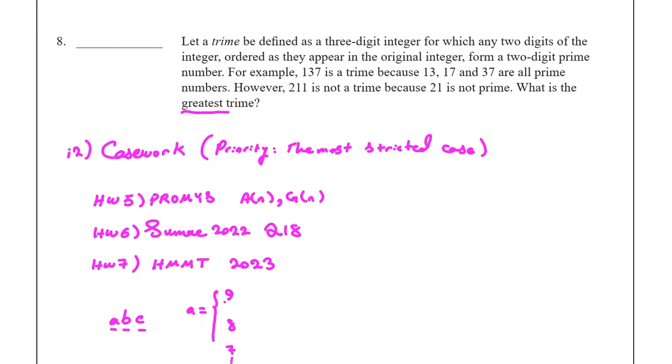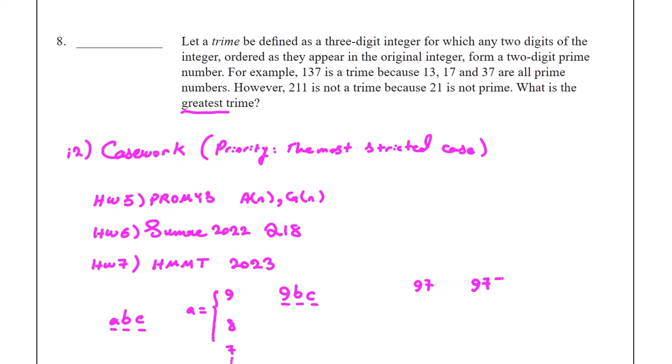Okay, let's check, for example, if A is 9. Then it will be 9BC. 9B and 9C should be prime numbers. 91 is not a prime number because it is a multiple of 7 and 13. 92 is even. 93 is a multiple of 3. 94 is even. 95 is a multiple of 5. 96 is even. 97 is prime. 98 is even, 99 is a multiple of 9, so only 97.